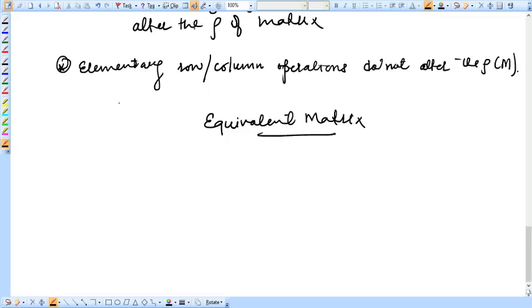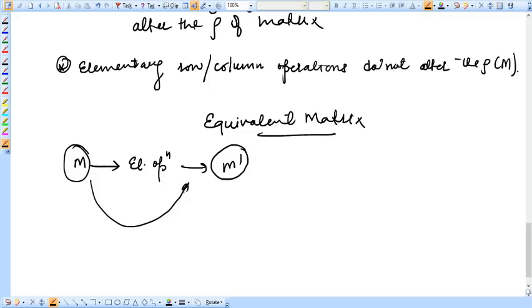When an elementary operation is applied to a matrix M, we get a new matrix M dash. You may think it could have a different rank, but it is not so. Order and rank are preserved.